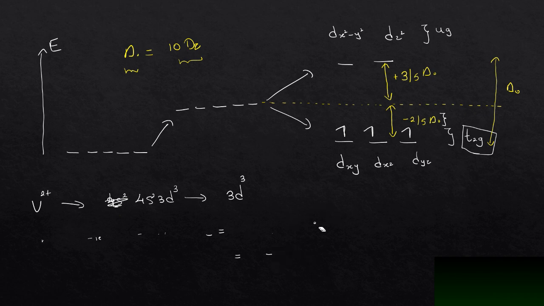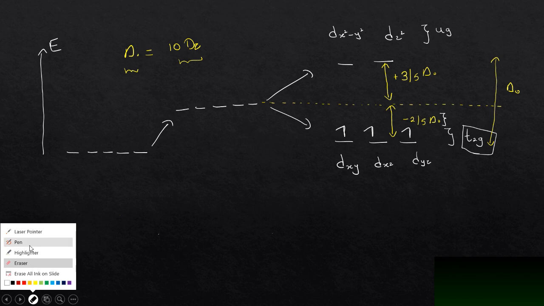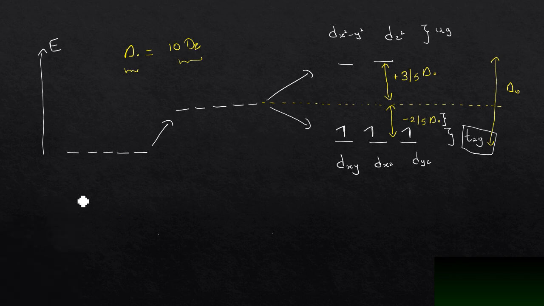So let's do another example. Let's assume our electron configuration of a metal ion is a d5 configuration.